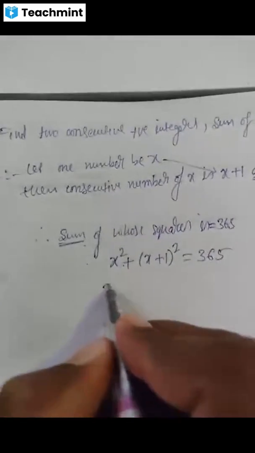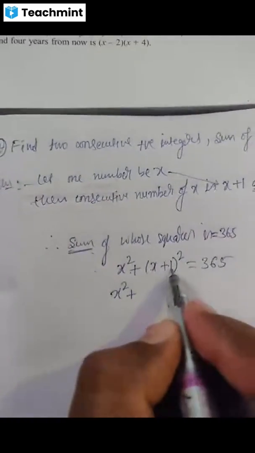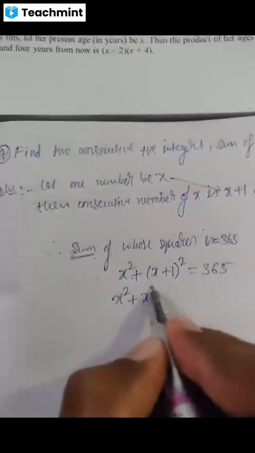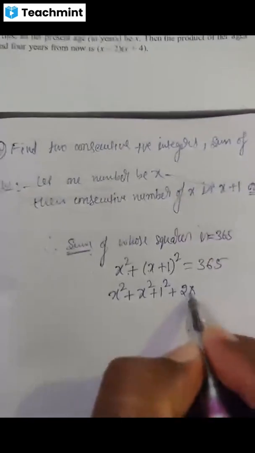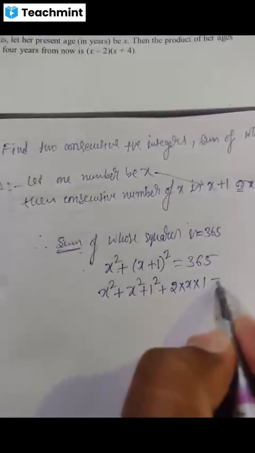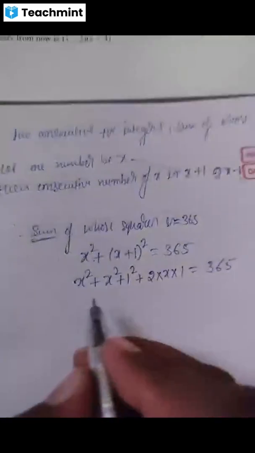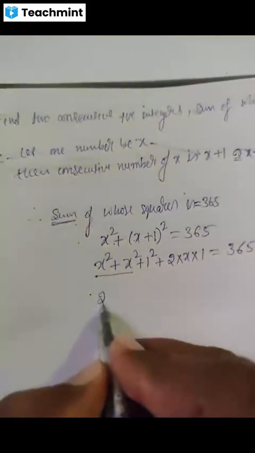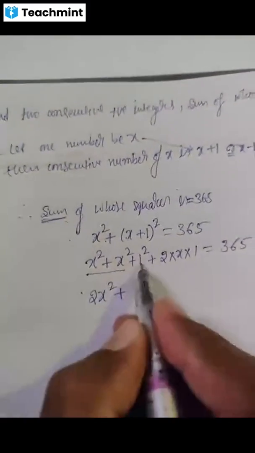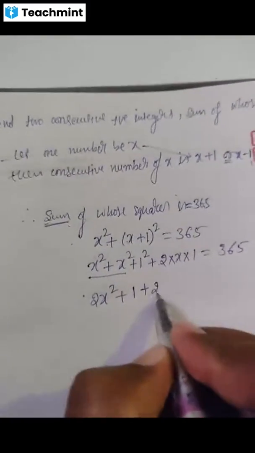So what is x square? x square itself, plus it is of the form (a plus b) whole square. So a square plus b square plus 2ab is equal to 365. So x square and x square is 2x square, plus 1 square is 1, 2 into x is 2x.